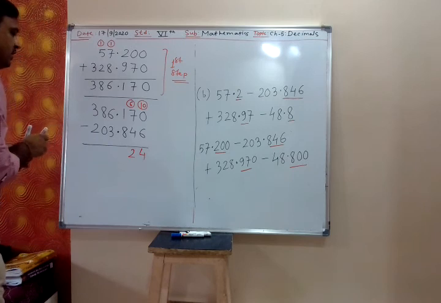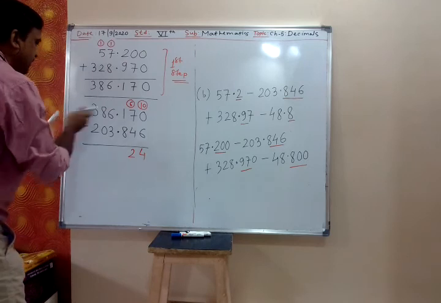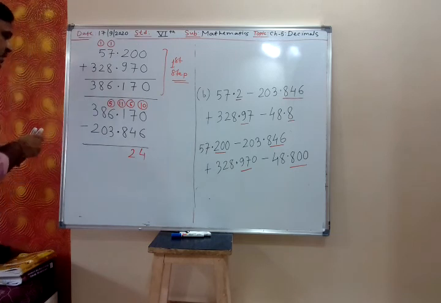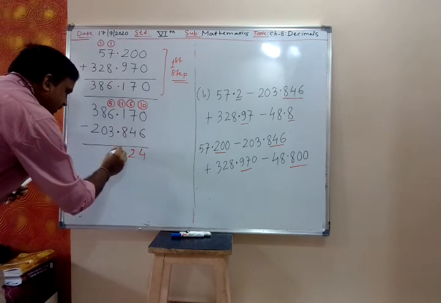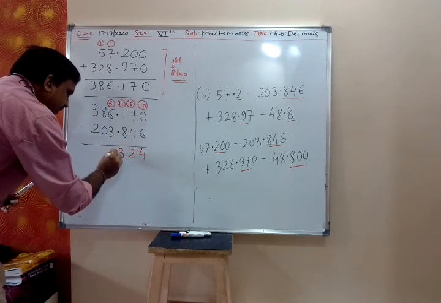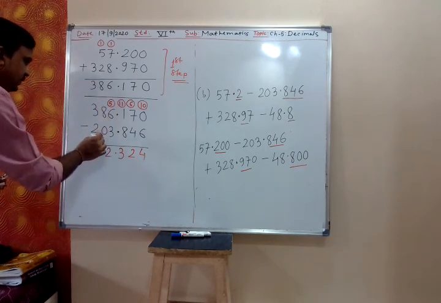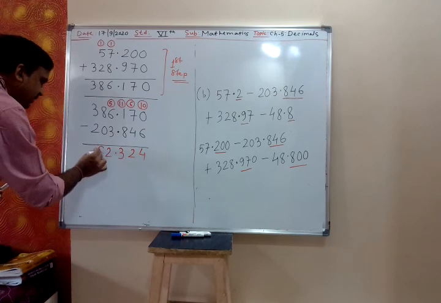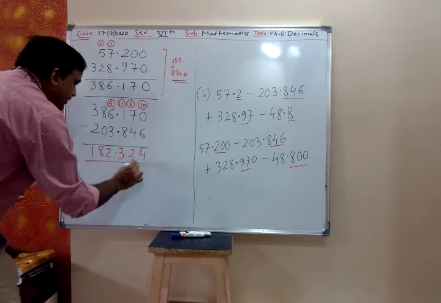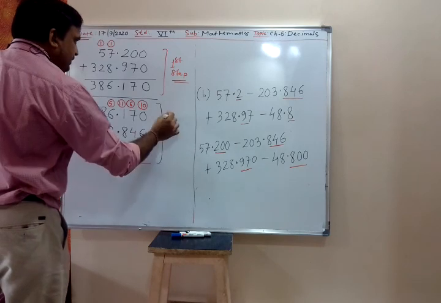Then 1 and 8: 1 is smaller than 8, so 1 is carried, this 6 becomes 5 and 1 becomes 11. 11 minus 8 is 3. Then 5 minus 3 is 2. Then 8 minus 0 is 8. 3 minus 2 is 1. So 182.324. This is my second step.